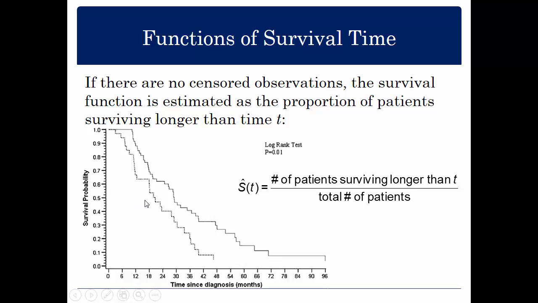I find where that curve crosses that point and go down, and that gives me an estimate of the median survival time for this group, almost 30 months. I can compare that with the other group, which has a lower median survival time, probably about 20 months. That's one of the ways that we can visually assess differences in groups.